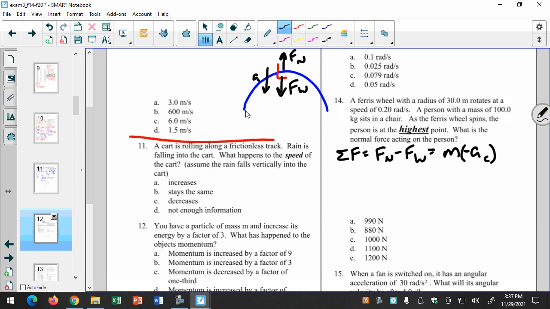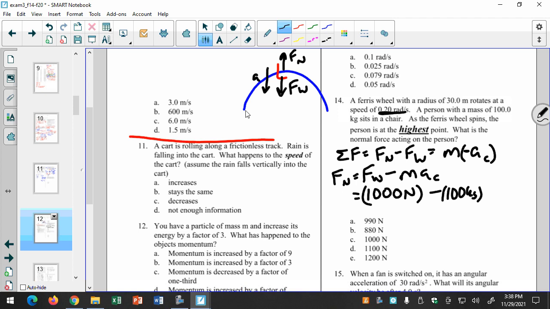And so now I want to know what is the normal force. The normal force will equal the weight minus m a_c, and that negative comes about because I know that centripetal acceleration is in the downward direction. The weight is 100 kilograms, so that person weighs 1,000 newtons, minus 100 kilograms times the centripetal acceleration.